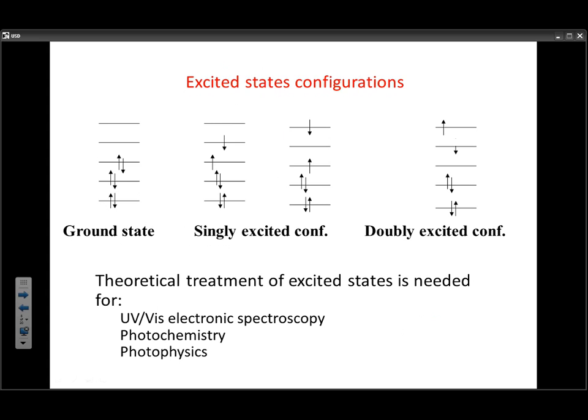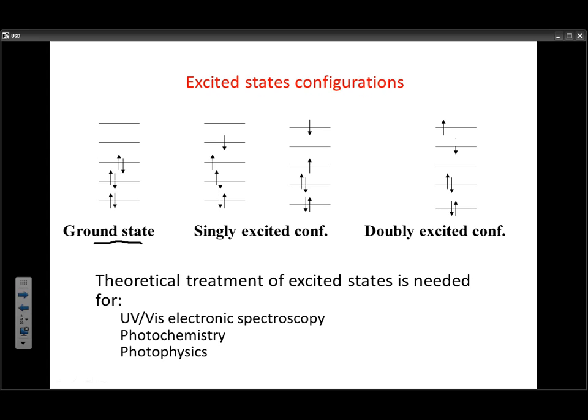Here shows the different electronic configurations. This one is the ground state electronic configuration. If one electron is excited to unoccupied orbitals, it is a singly excited configuration.